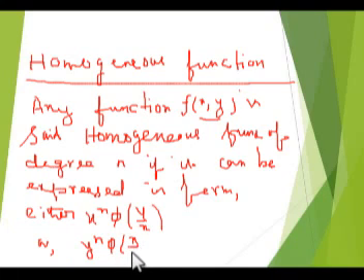If the function f(x, y) of two variables x and y can be expressed in any one of these two forms, then it is called a homogeneous function.